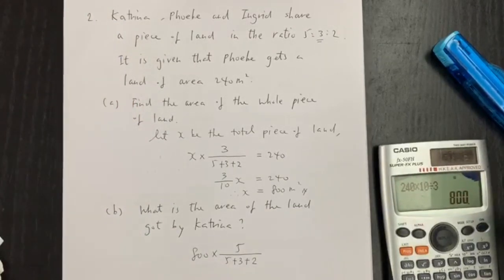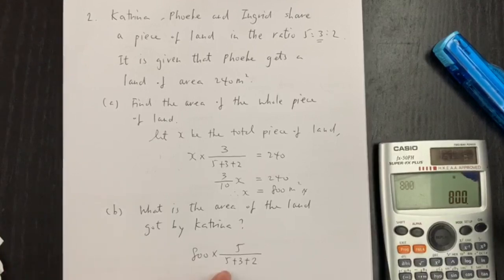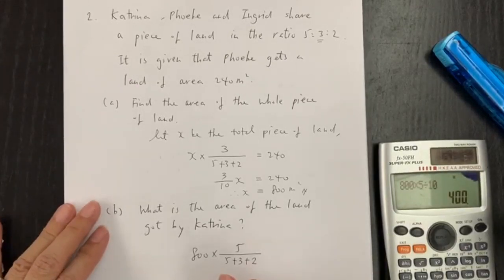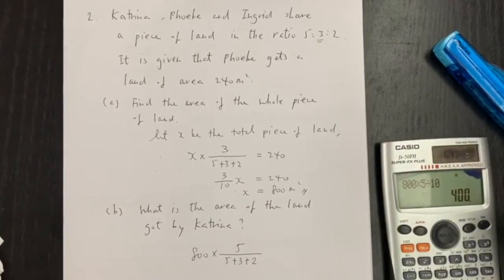Okay, so that is 800, I use calculator, times 5 divided by 10. Okay, so that would be 400 m squared. Okay, so this is question number 2.